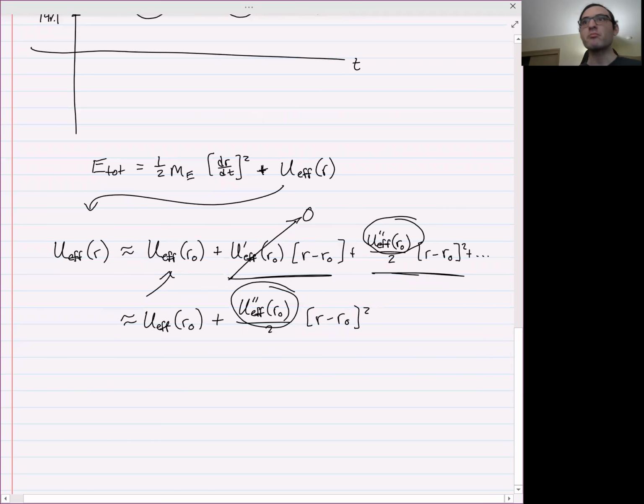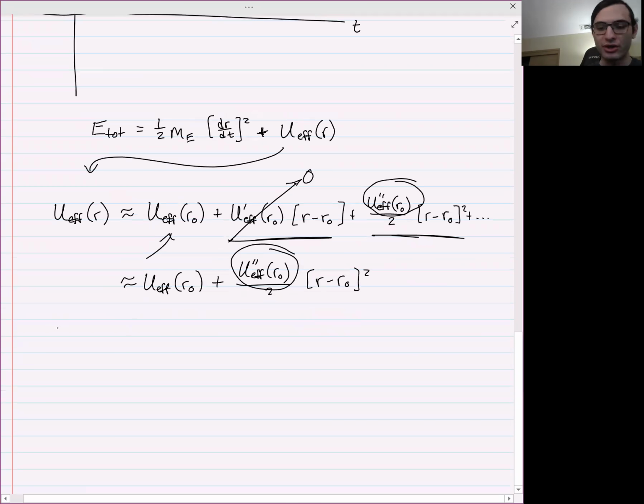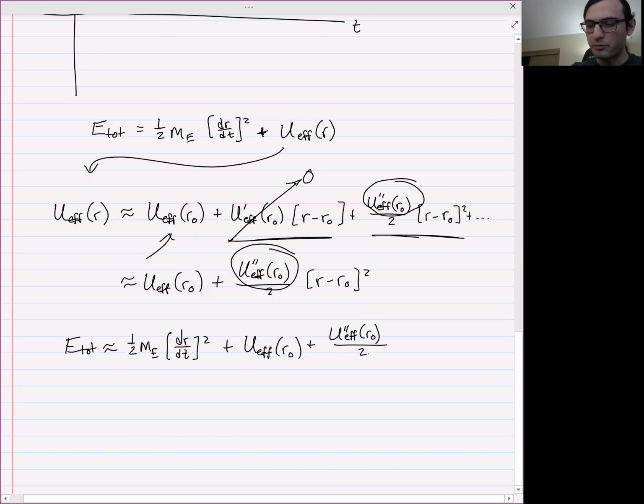So it's just whatever that number is, and we can calculate that in a minute. But the whole point of this problem was to figure out what the effective spring constant is. So let's now write down our total energy. This is equal to 1/2 m_e times the time derivative of r squared, plus U effective at R naught, which should be approximately equal to that, plus U effective double prime at R naught divided by 2 times R minus R naught squared.